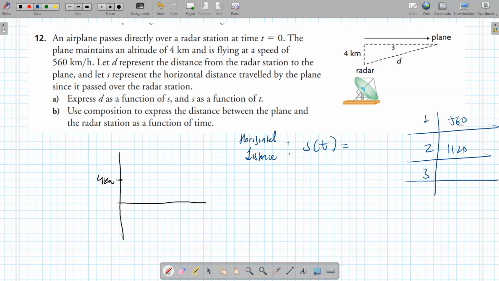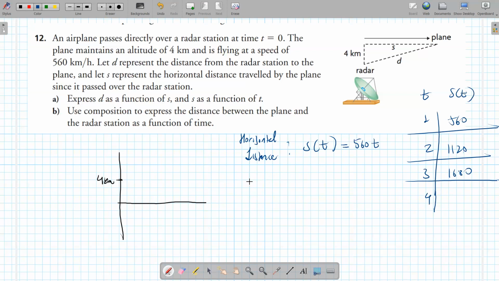Third, it's going to be 3 times as much. What's the equation for this, if this is t and this is s of t? It'll just be 560t. So there you go. That's the equation for the horizontal distance.